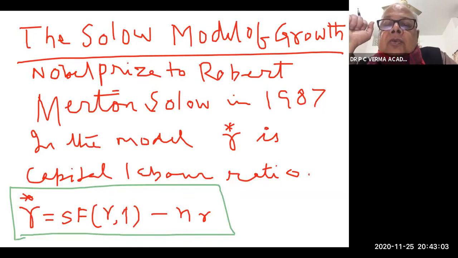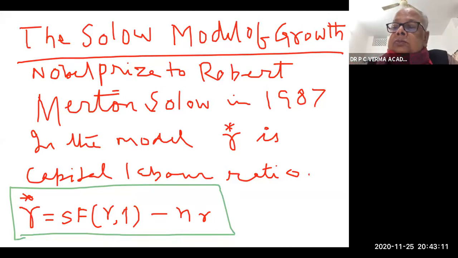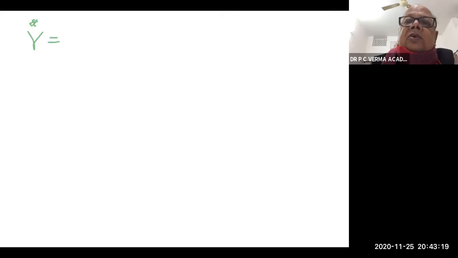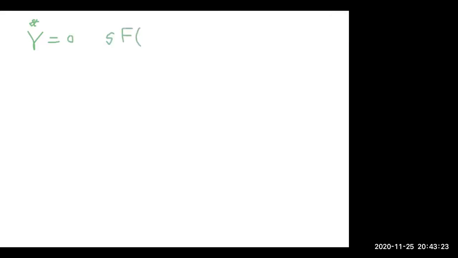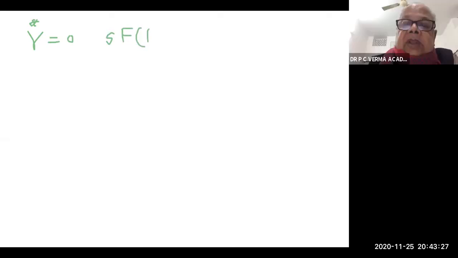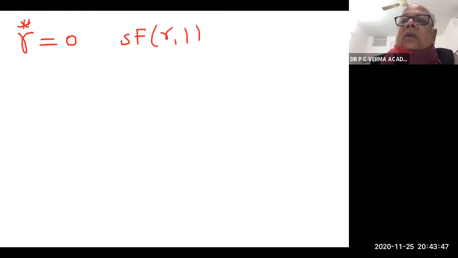If R star is 0, then S F(R) will be equal to N R. This is the most important matter.